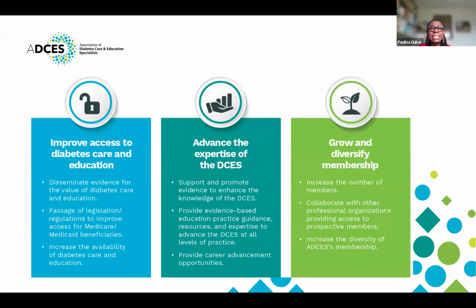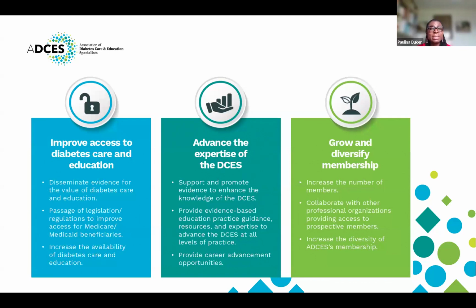So how does ADCES operationalize these strategic approaches that we take to helping people with diabetes? First, we want to talk about improving access to diabetes care and education. The goal is to unlock the door so more people with diabetes can access formal education. And one way we do that is to create and disseminate the evidence to show the value of what diabetes education brings in the management of the person with diabetes.